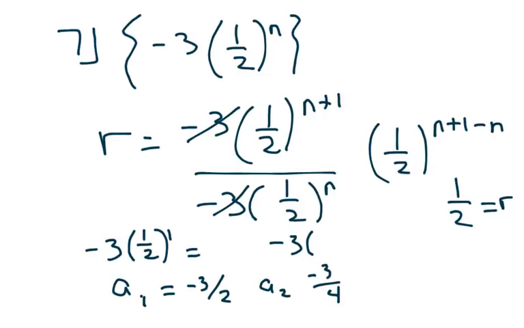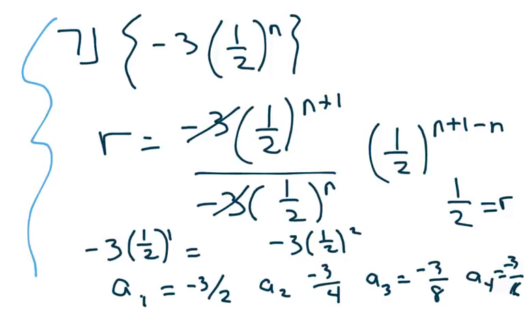This is negative 3 times 1/2 squared, so you're just squaring that. A sub 3 would be negative 3 over 8, and a sub 4 would be negative 3 over 16. So those are pretty easy, and you just plug them in, and you must show your work on your problem sets.